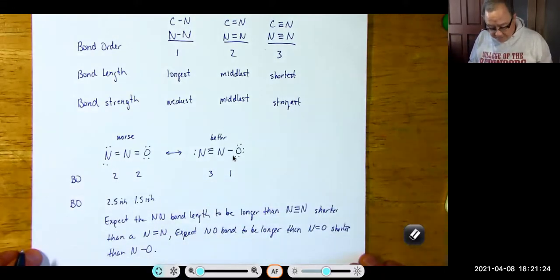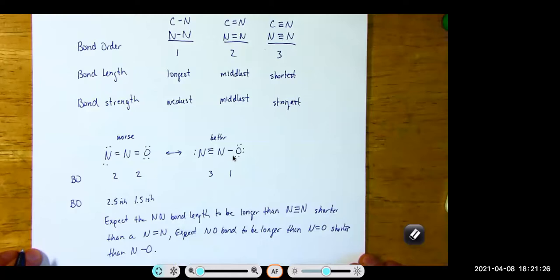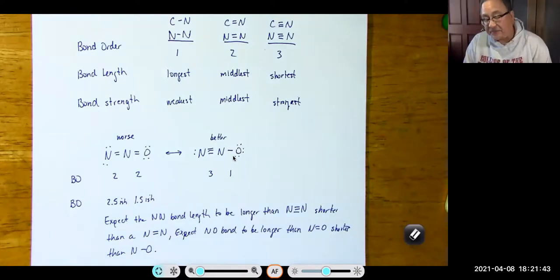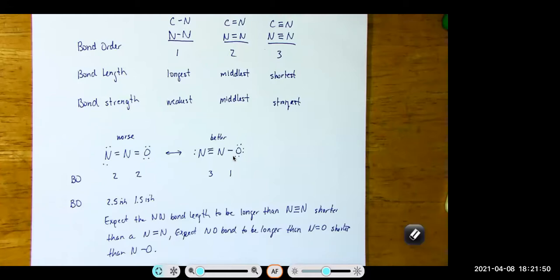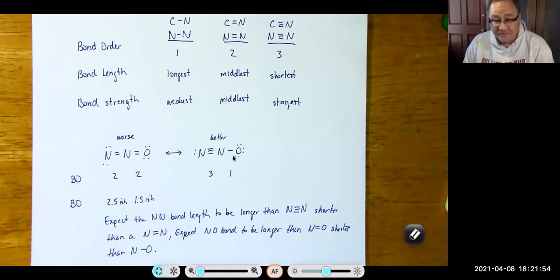For the nitrogen bond length, would you want to take the length for the nitrogen double bond plus the length for the nitrogen triple bond, and then divide that by 2? If you wanted to give a specific number, yeah, I would add the 2 together and divide by 2 to get an average. You can do that, but what if you're not given the numbers? Then you write down something like this.